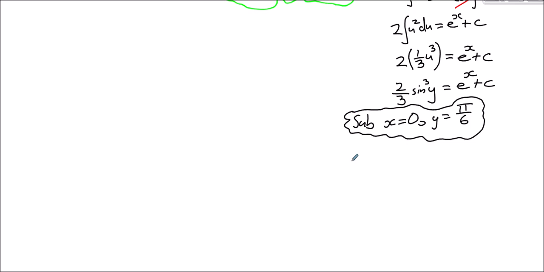So then what we're going to get is 2/3 sine cubed of pi over 6 equals e to the 0 plus c, just by subbing in that y is pi over 6 and x now we're picking to be 0.